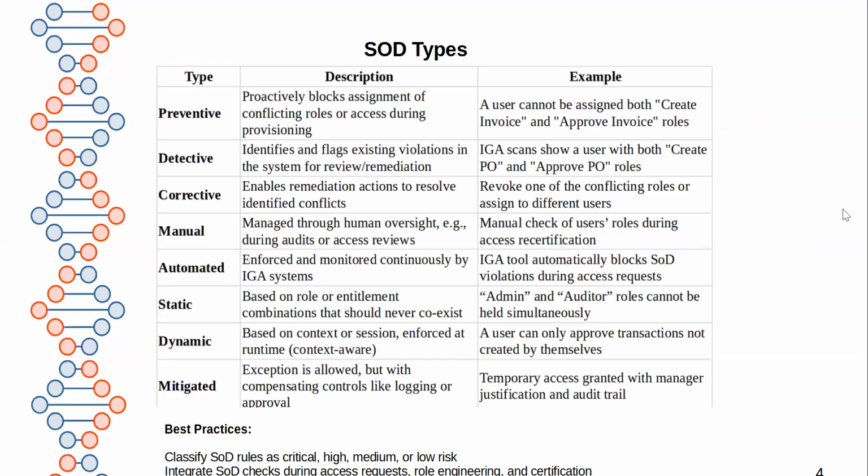Yeah, so my question is, now SODs are done, we are going into the risk score. Why should we think about scoring a risk to a user or to an application or to the entitlement?